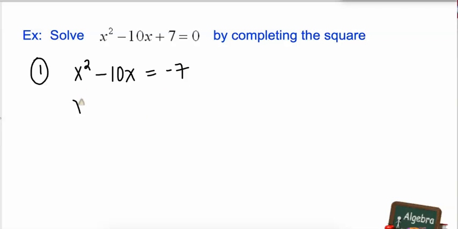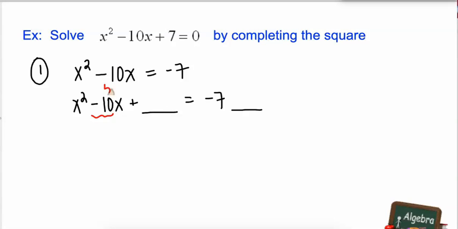Now when I write this, I'm going to leave myself a little bit of room right here, because what I need to do is find half of this linear coefficient. So the linear coefficient is negative 10.